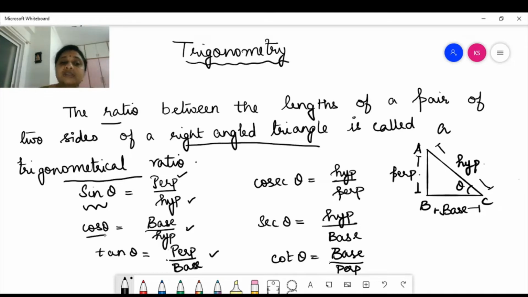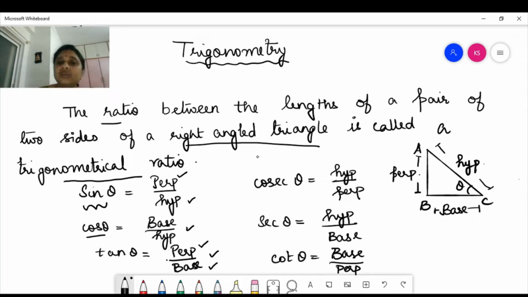And then cosine of an angle is the adjacent side of that particular angle by the hypotenuse of the triangle. And tan theta is equal to the ratio between the opposite side of the angle by the adjacent side of the angle.